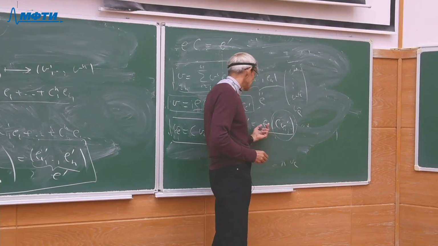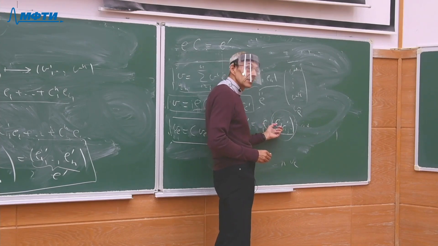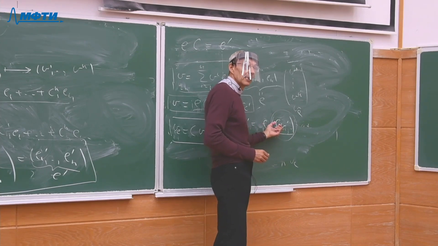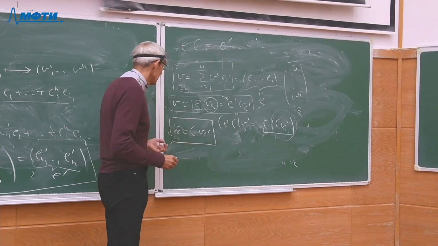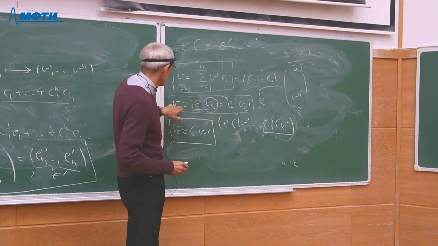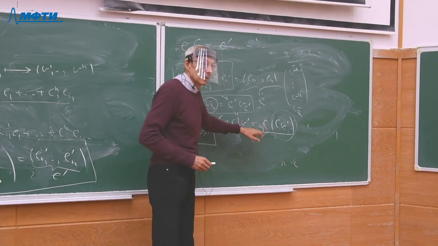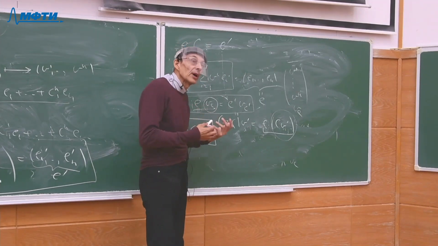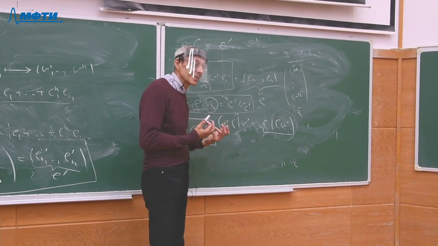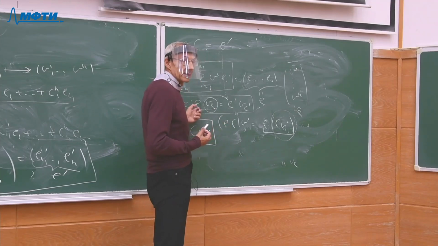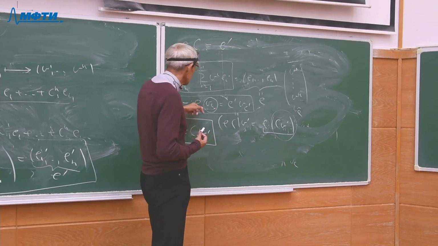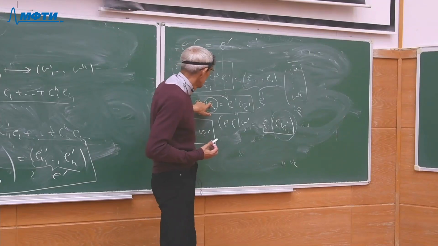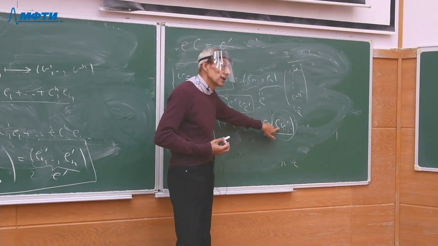But the expansion in this basis is uniquely defined. If we have two expansions of vector v in terms of the basis vectors, by the definition of a basis they must coincide. And from this it follows that this column coincides with this.